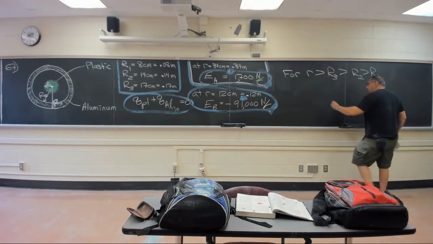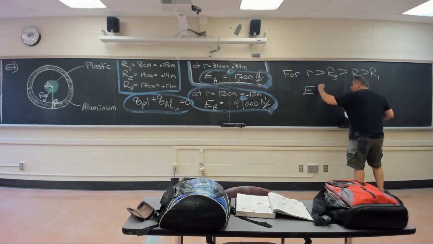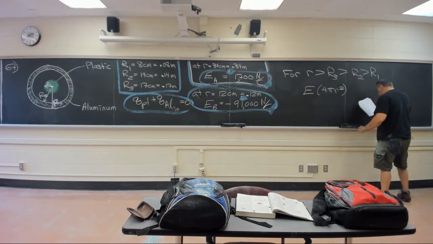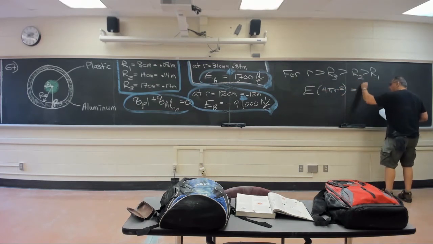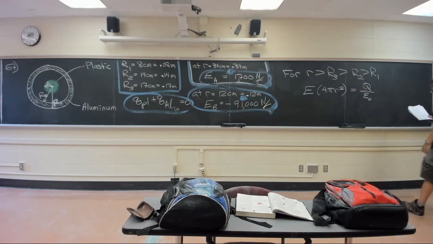We know that there's a total charge, and the total charge on the outside of all that is 4 pi r squared, true.